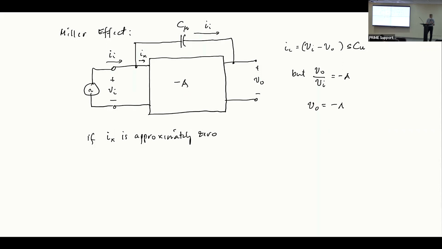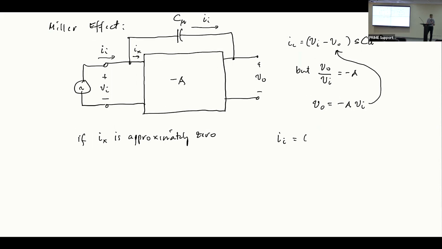So ito, I substitute here. So I sub I is just now V sub I multiplied by 1 plus A, because negative V sub O is A V sub I, so 1 plus A S C mu.